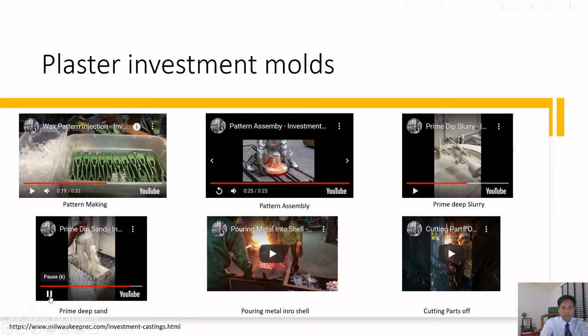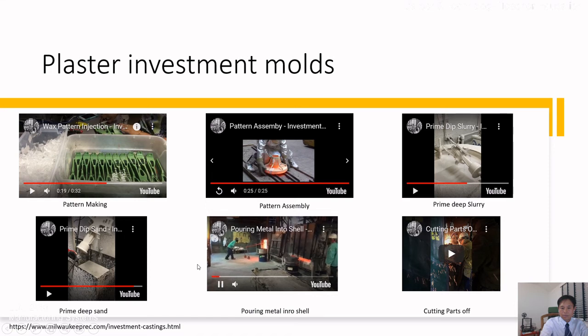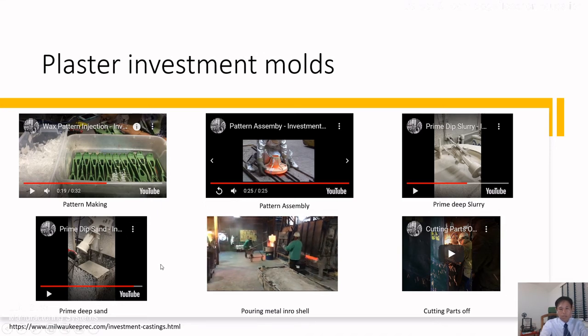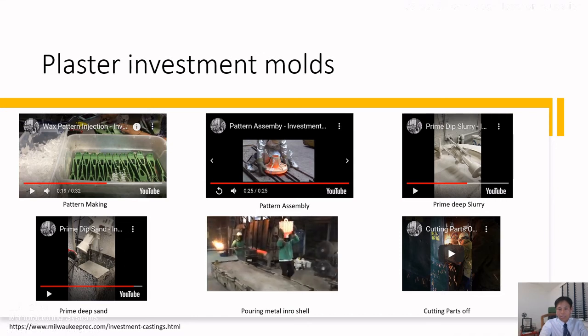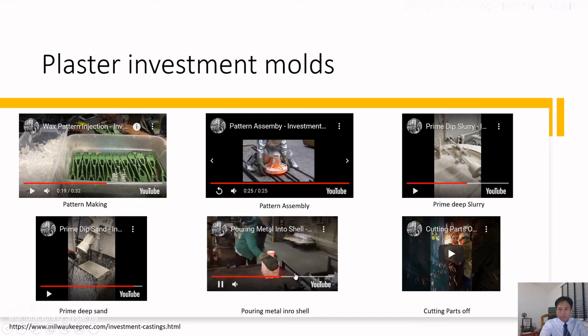Iterate the process, and then once prepared, right before the actual pouring of metal, heat the mold. The outside is slurry and sand, inside is the wax.